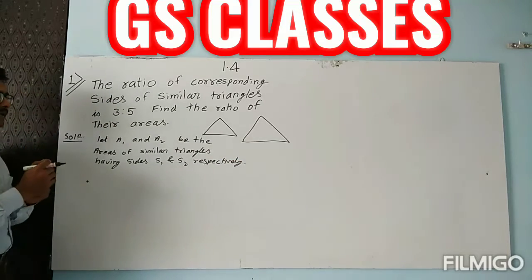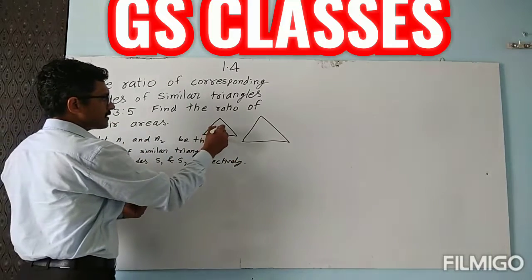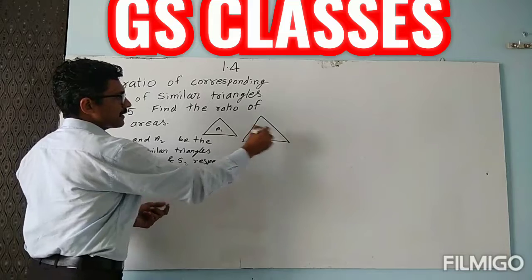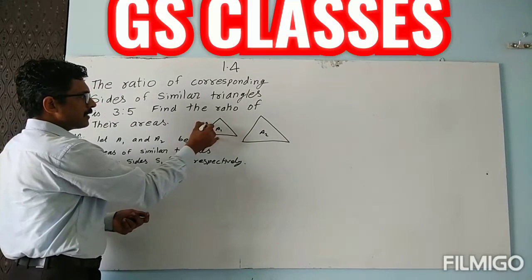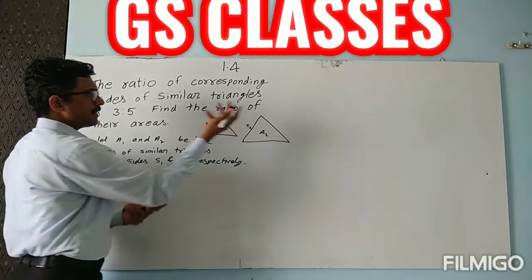Just for example, we are taking the area of this triangle as A1 and the area of this triangle as A2. This side may be whatever, I am calling it S1, and this side I am taking as S2.